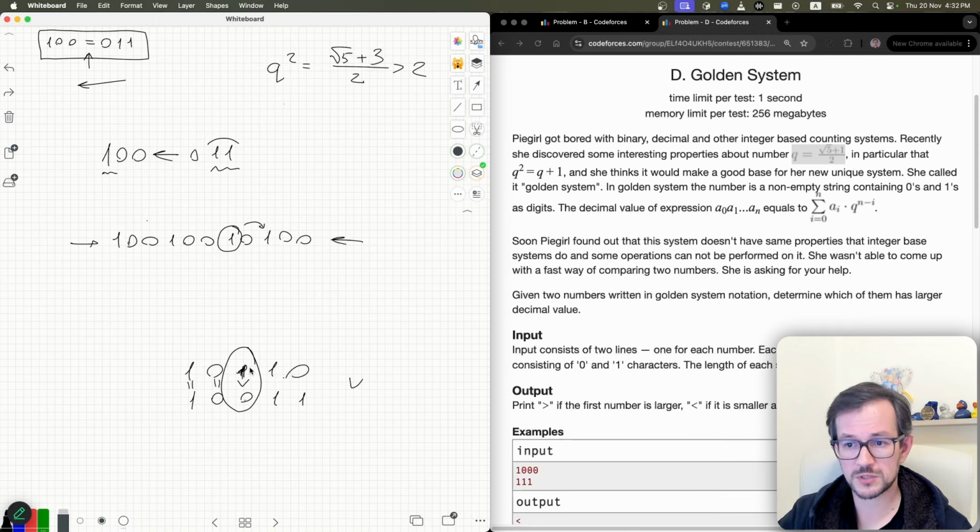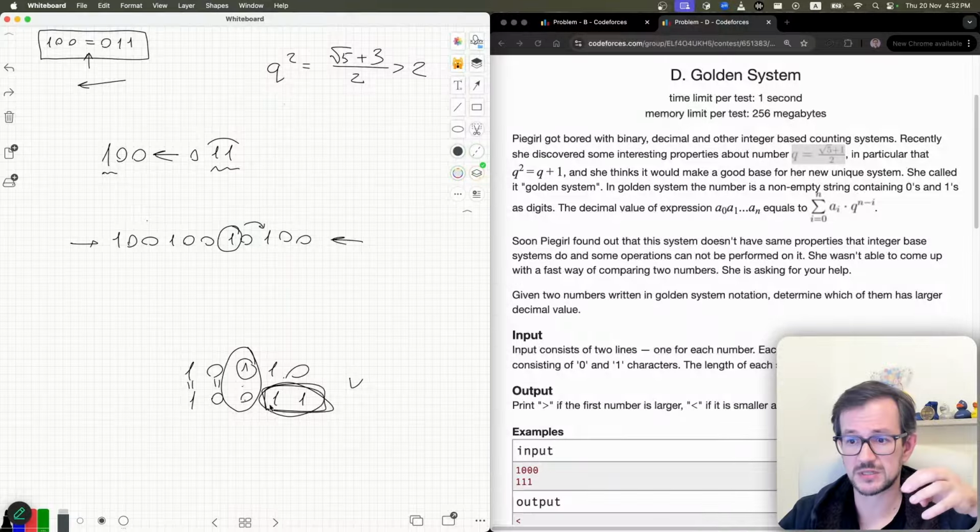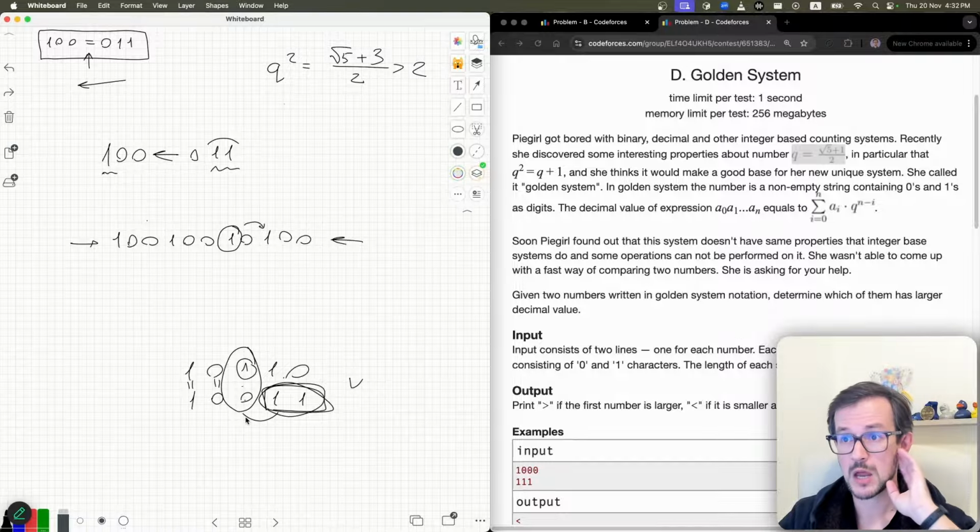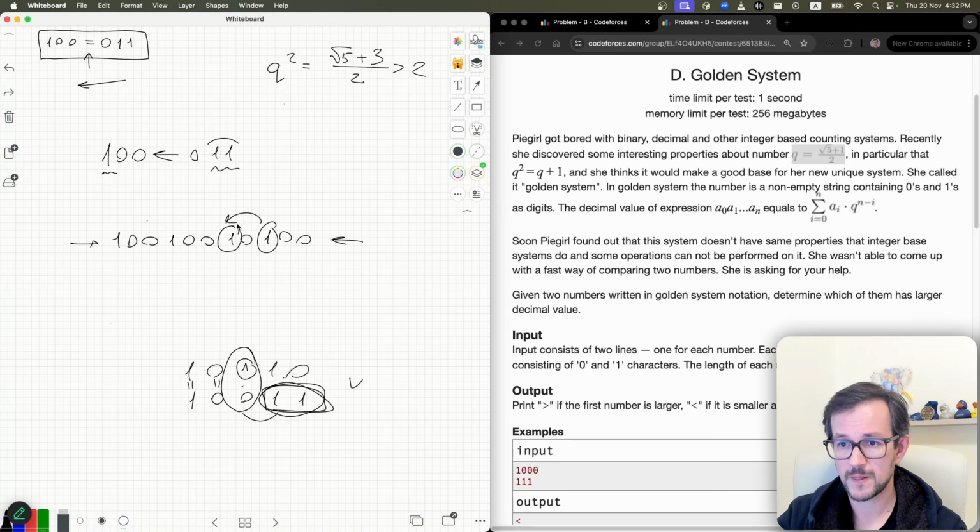It's true because this one digit has more impact than all the digits here, because the impact doubles every time you move from one position to another. Here something similar happens. If I move from this digit to this digit, the weight increases more than twice. So this digit has more weight than all previous digits in total.